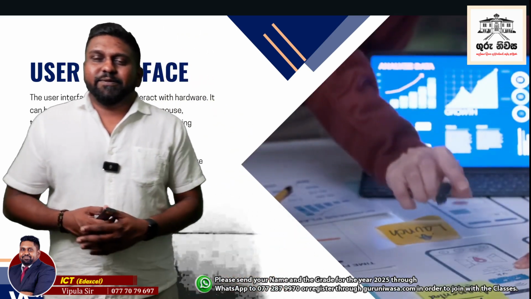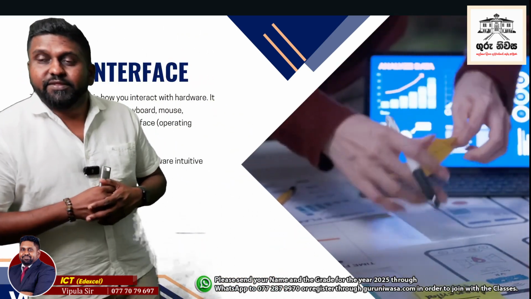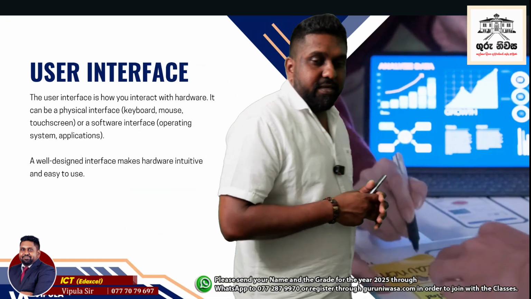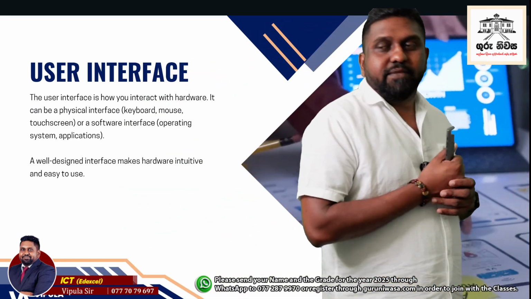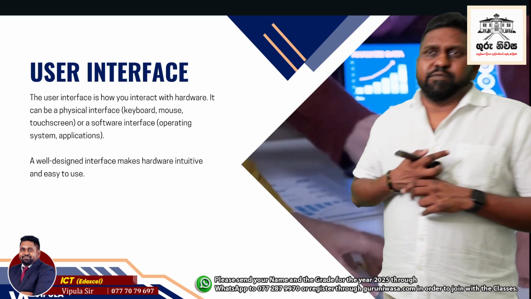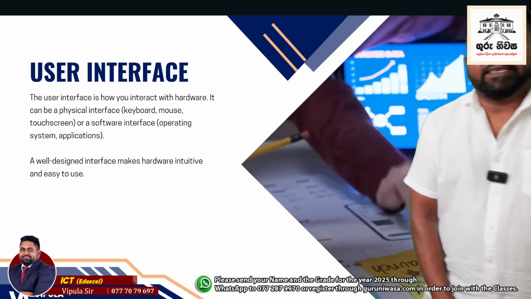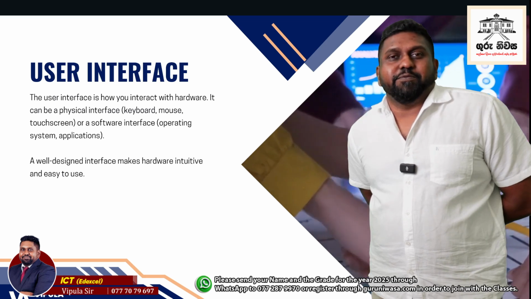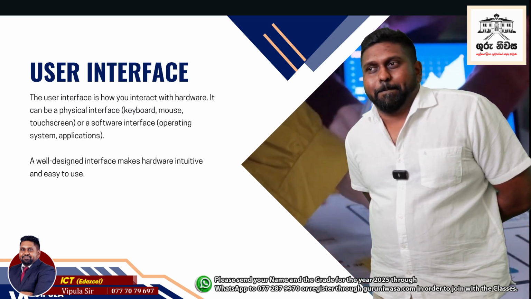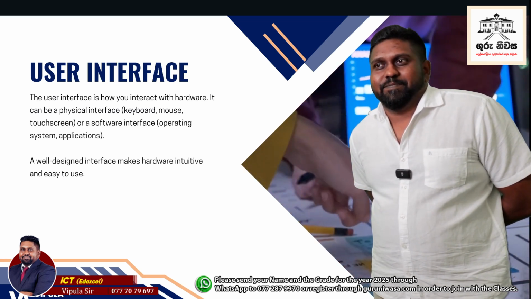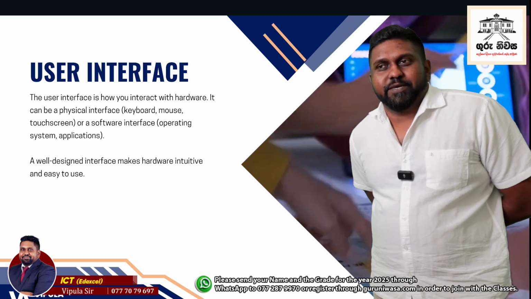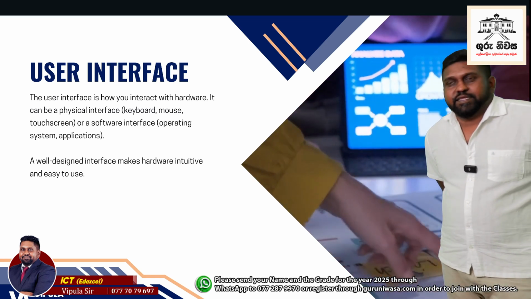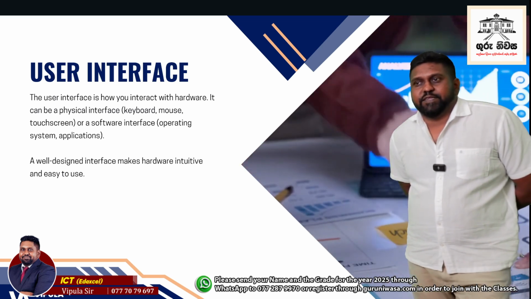Then the next most important point is the user interface. This is also a critical point, right? How can you interact with a system if we do not have a user interface? That should be a clear point. When you want to interact with the system, there are only a couple of ways you can do that.